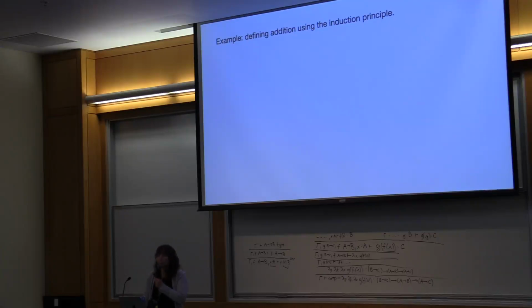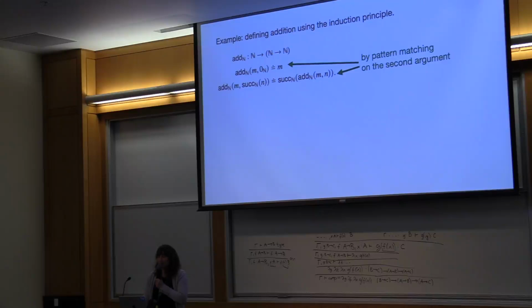So morally, what do we want? We want to define a function called add that takes a natural number and then takes another natural number and gives you a natural number. And addition works such that if I'm adding 0, I'm doing nothing. So m plus 0 is judgmentally equal to m.